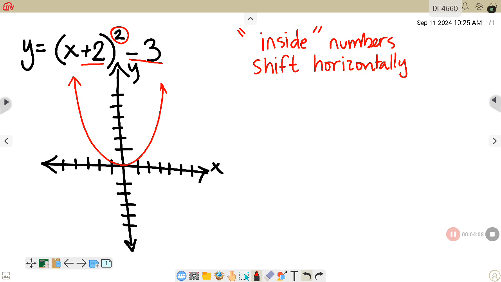Those numbers shift the graph horizontally, which means left or right, but opposite of the direction that the sign is.